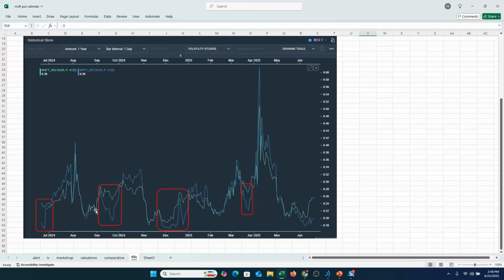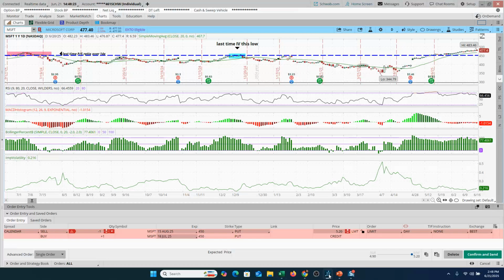And if we take a look at these four instances on the chart, here's the first one, here's the second one, here's the third one, and here's the fourth one. So that equates to times when things got a little too complacent, IV got too cheap, and it preceded a decent pullback in Microsoft stock, and that's really all we need here to benefit from our trade structure.